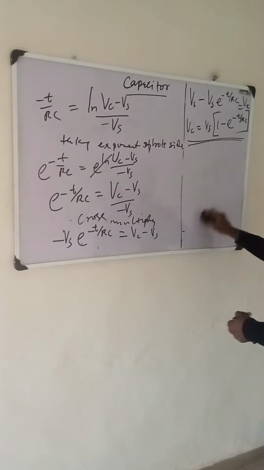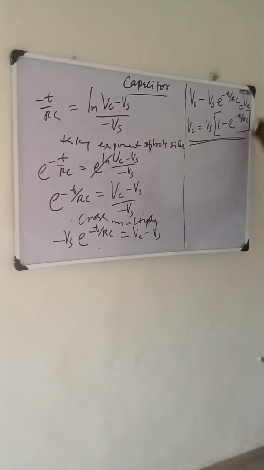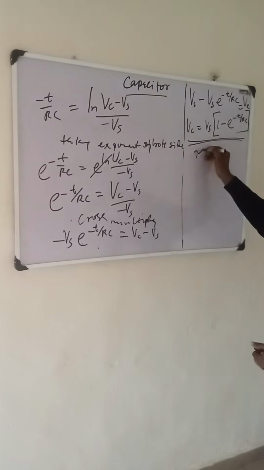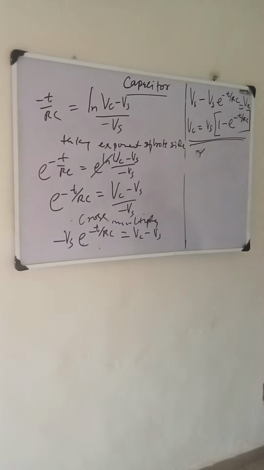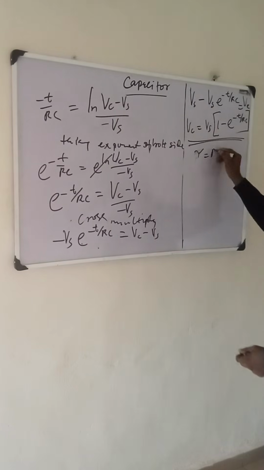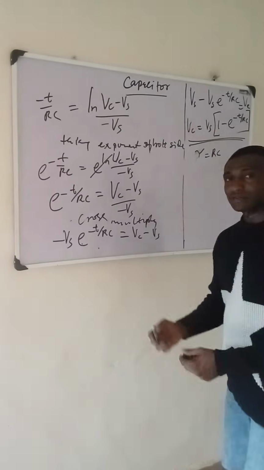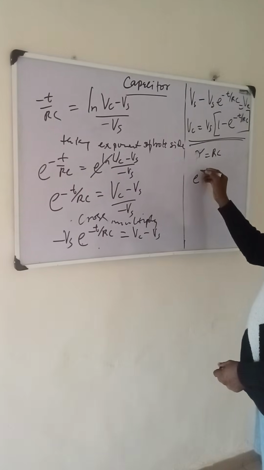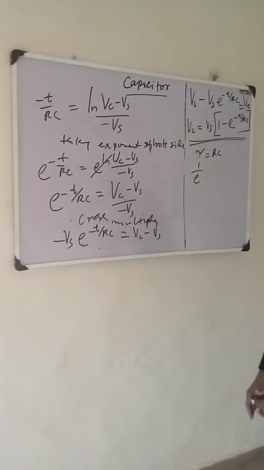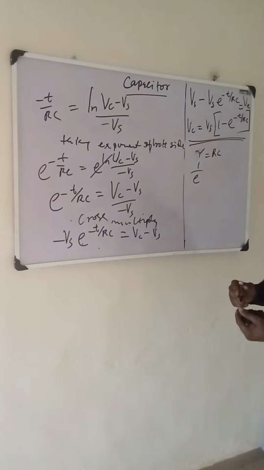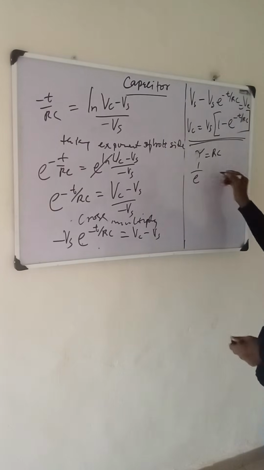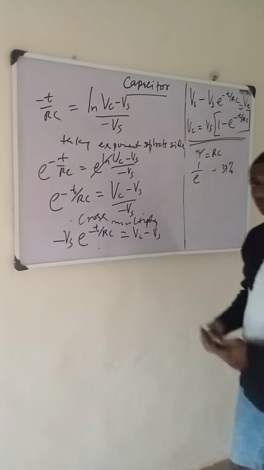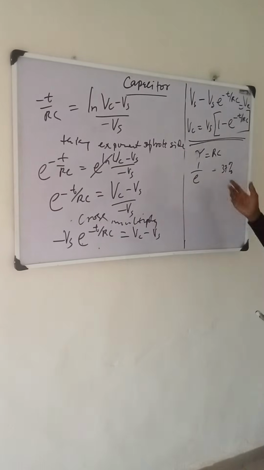Now, there's what we call the time constant, or tau. That tau is Rc. For those of you who care to know, tau simply means the time it takes for the charge to get to 37%, until it's a constant.